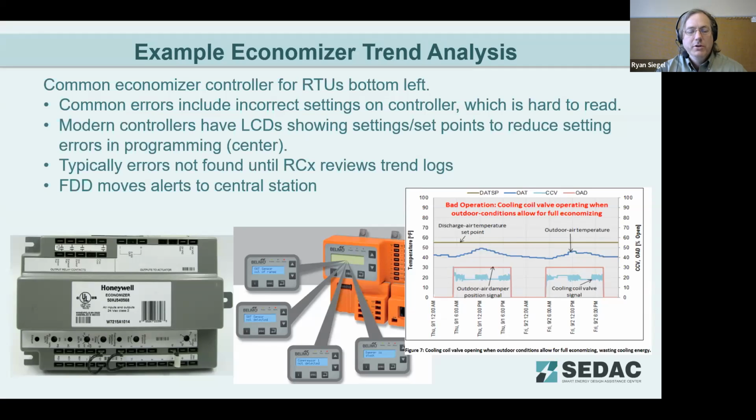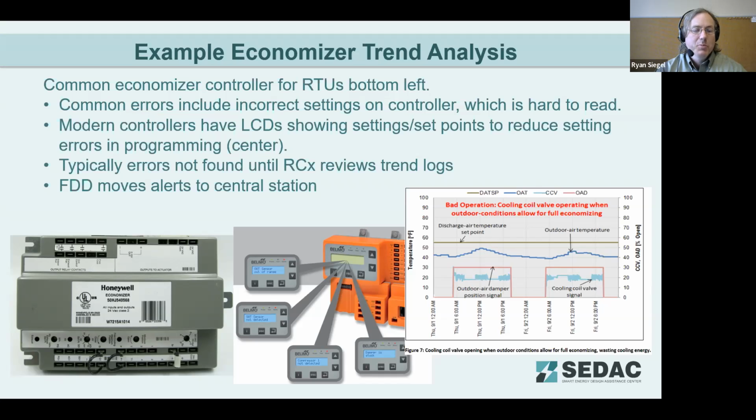One challenge that we do encounter is systems that may not have been set up correctly. So here showing a few different types. Some of these are a little more analog, some of these are a little more digital, but it could be that something wasn't set correct.